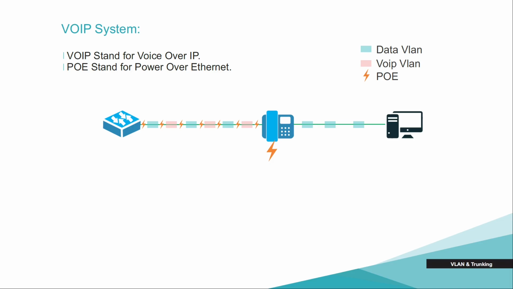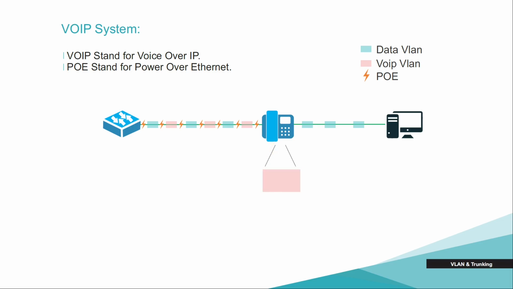Instead, our phone will be connected directly with an Ethernet cable from the switch. The switch interface will be configured to propagate two VLANs, VoIP VLAN and data VLAN. At the same time, the interface will send power to our phone using something called PoE, Power over Ethernet, so we will not need a power connection to our phone, and our PC will be connected to the phone.